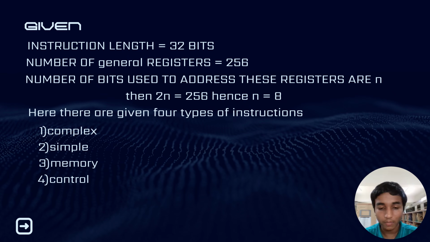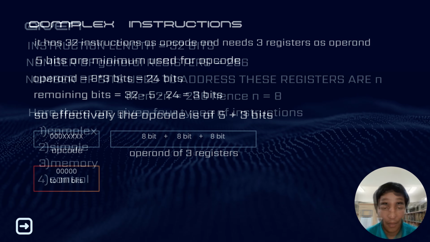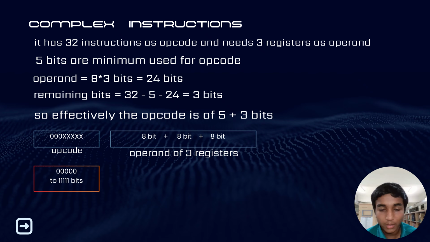Here it is also given that there are 4 types of instructions. The first one is complex, the second one is simple, the third one is memory, and the fourth one is control. Now I'm going to explain the complex instructions. Here, given that 32 instructions are required for the complex instruction and it needs 3 registers.